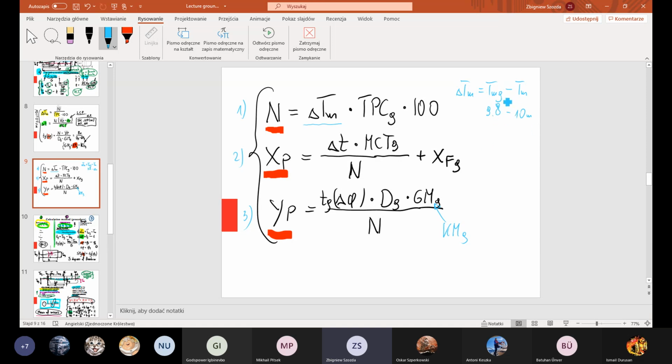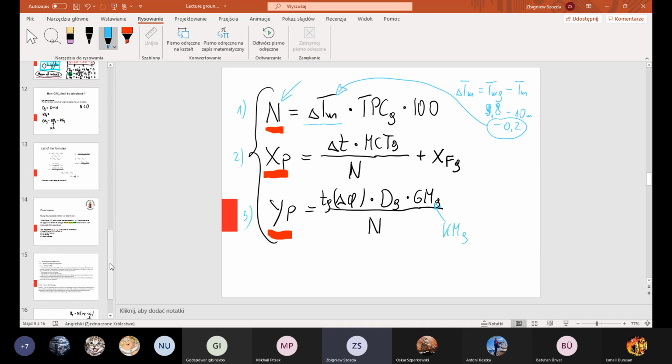When the ship is grounded, the mean draft is smaller. So if we put numbers here and calculate the change of the mean draft, the result will be negative. If the result is negative, the force will be negative at the same time. So it is important to understand and to remember.